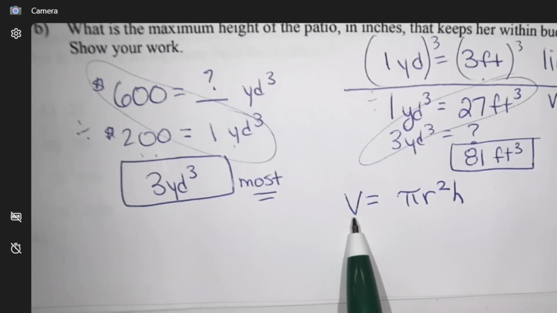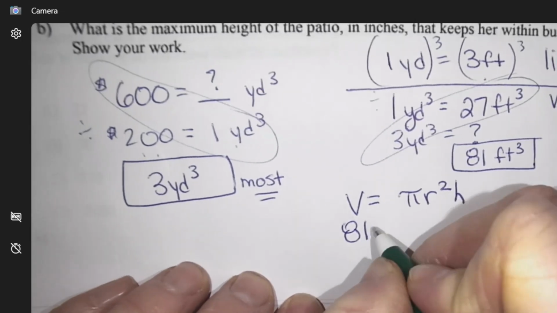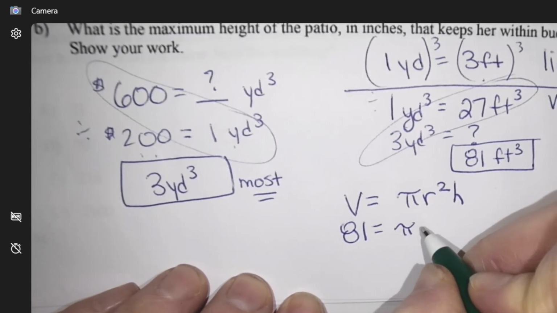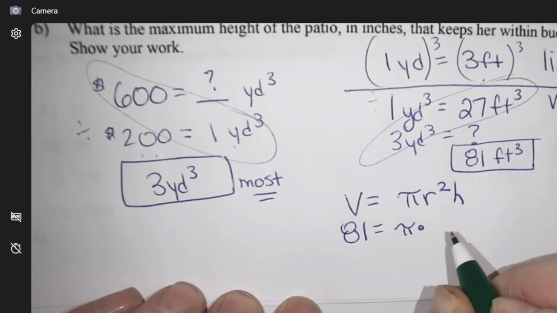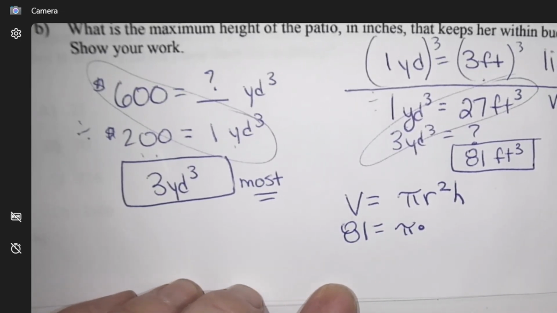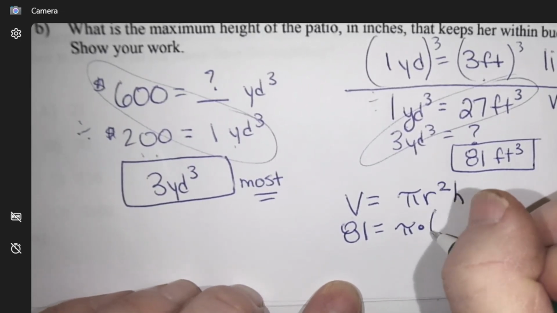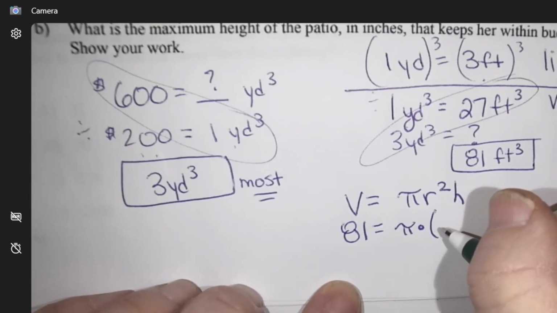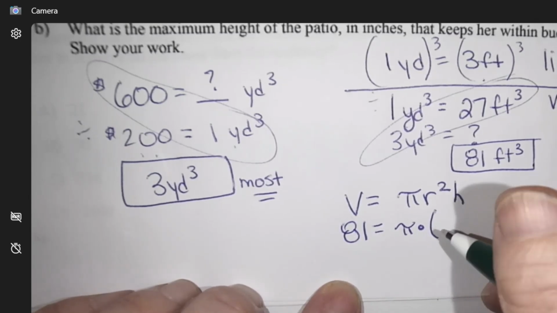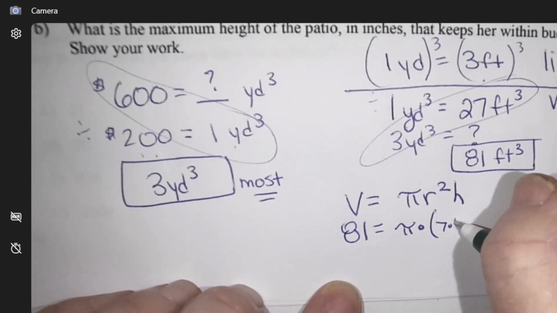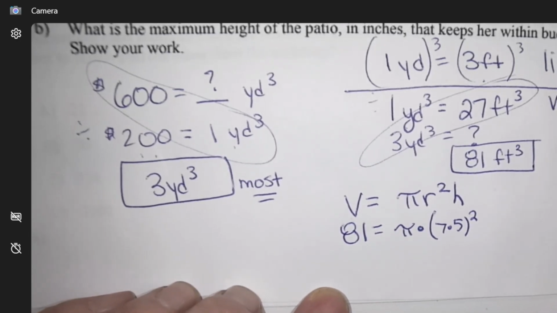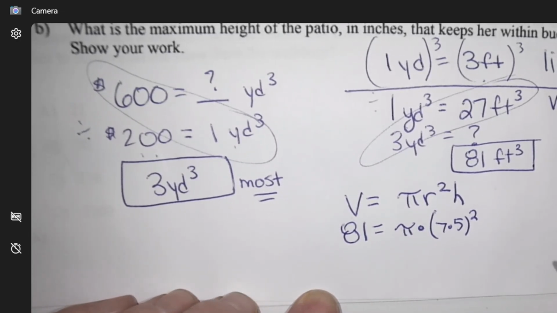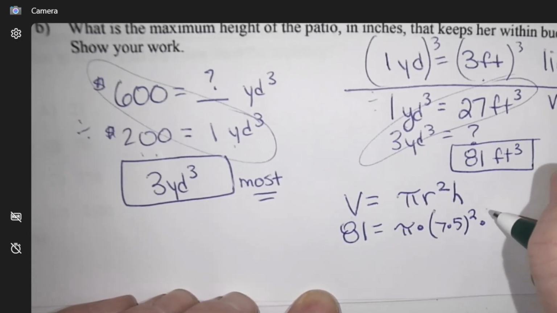What can I replace the v with? 81. Pi times, what can I replace r with? 7.5 times h.